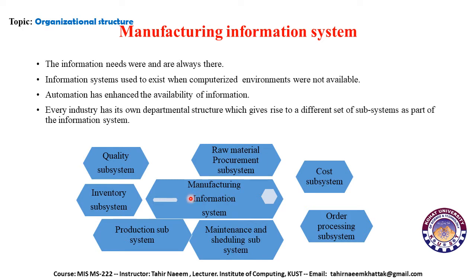This is the manufacturing system, while the sub-departments or subsystems are: the cost subsystem, where costs are checked; the order processing system, where orders are monitored; the maintenance and scheduling system, where maintenance schedules are determined; the production subsystem, where production is overseen; the inventory subsystem, where the inventory present in the stores is checked; the quality subsystem, where the quality of the products is checked; and the raw material procurement subsystem, where the procurement of raw material is done. We will discuss these sub-departments one by one in the following slides.